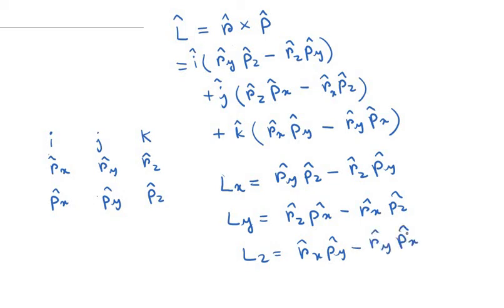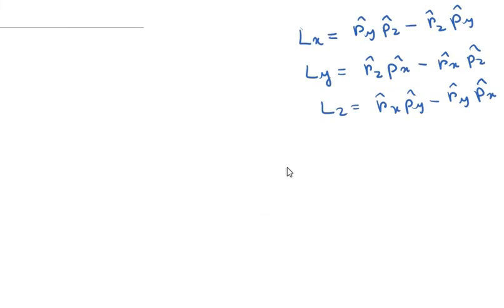So we have these three relations, and let us check whether we can measure the angular momentum along different axes at the same time. To understand whether we can measure both the x and y components of the angular momentum at the same time, we would take the commutator of the Lx and Ly operators.